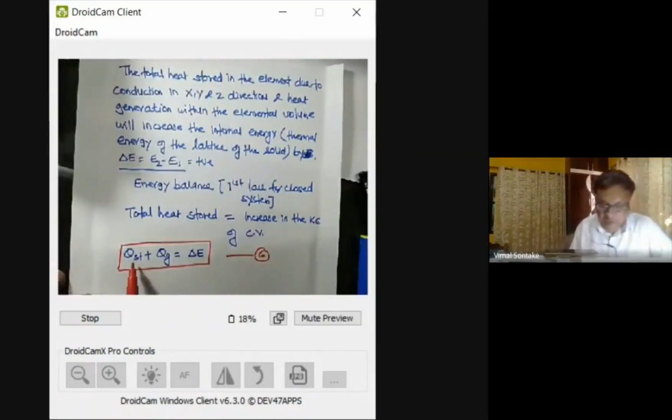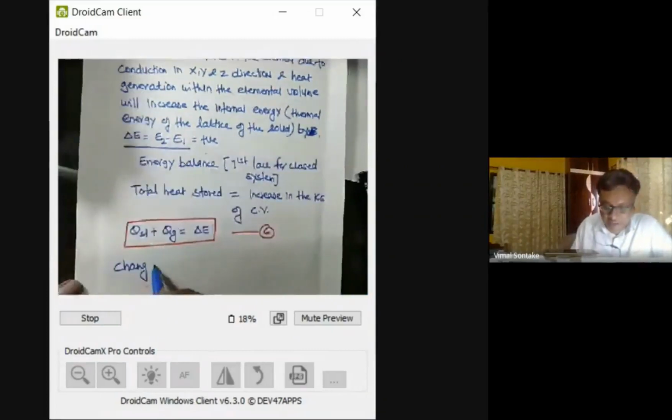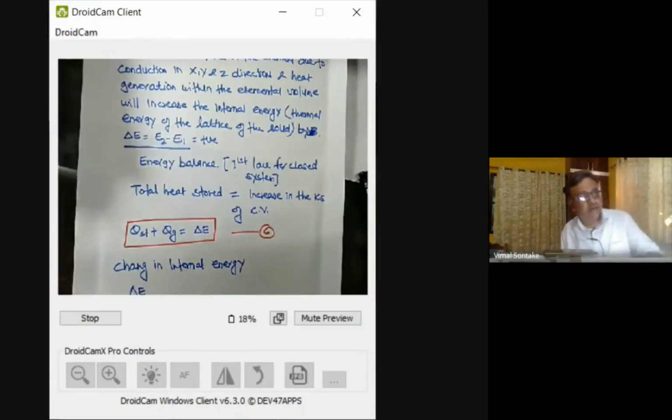Now we have expression for this Q stored, we have expression for this Qg. How to calculate this change in internal energy? So let us find out the expression for this change in internal energy.